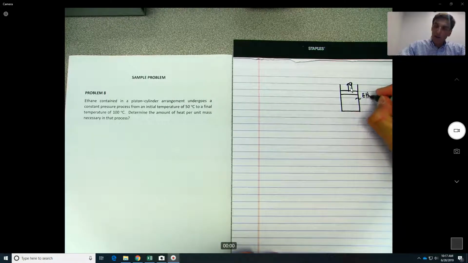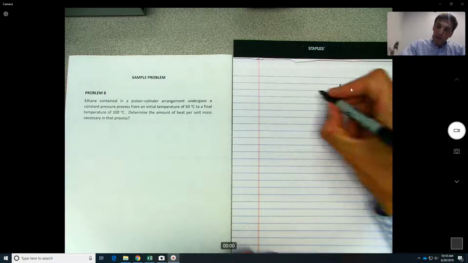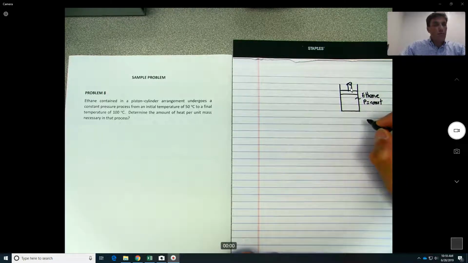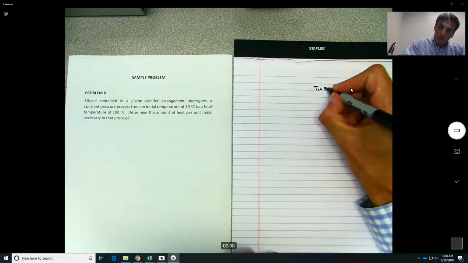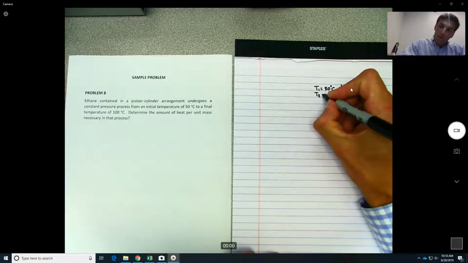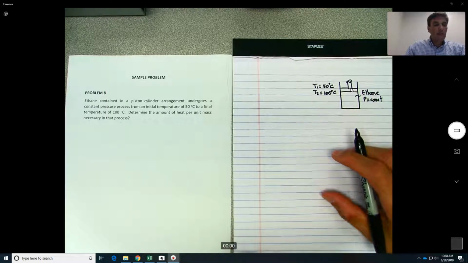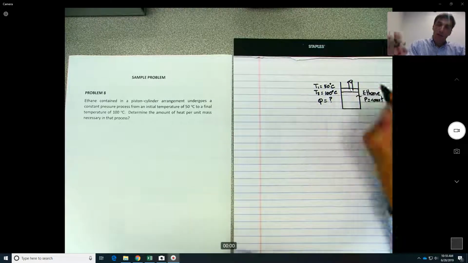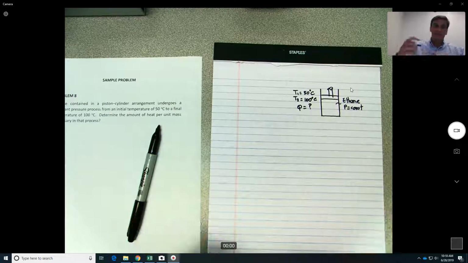It contains ethane, undergoes a constant pressure. Determine the amount of heat per unit mass, Q.